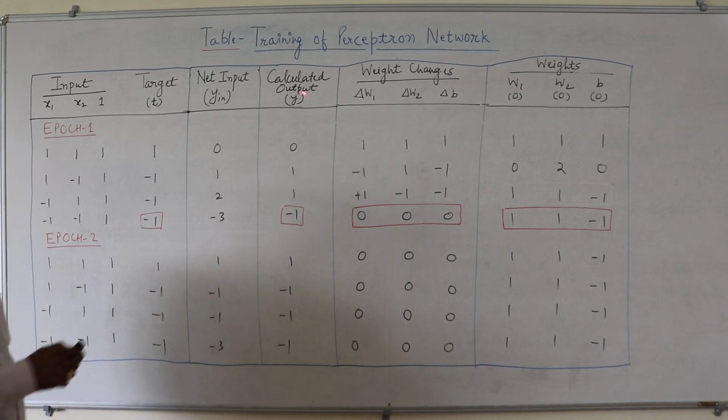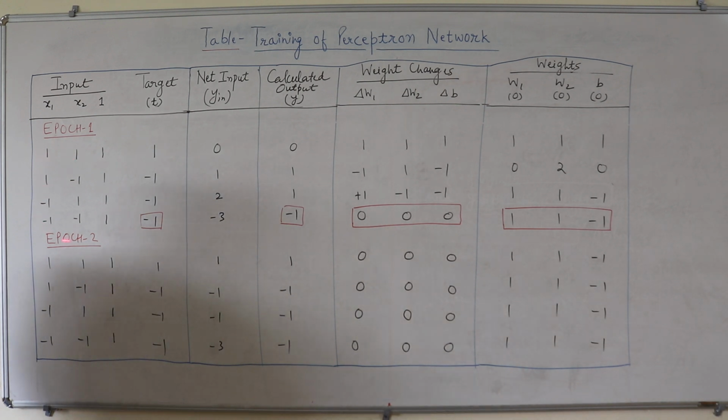This is net input, and this is calculated output y, which we get after applying the activation function. These are the weight changes, change in weights. These are the weights that we have taken, like W1, W2, and the bias weight. And in the starting, we have taken 0, 0 and 0.